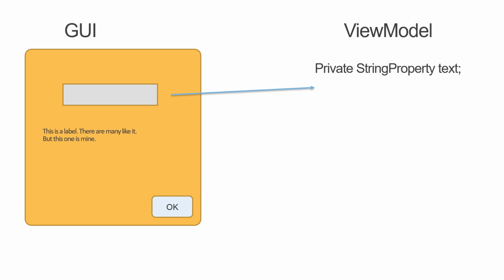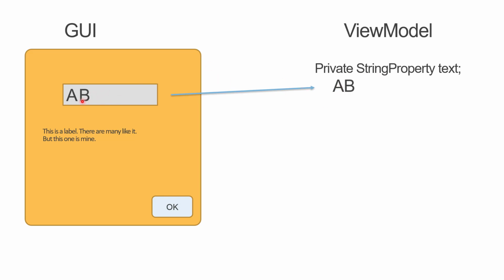So for example, you can bind a string property. If I have a text field, then the data in a text field is a string, and so there is a string property for that data, and I can bind that string property to a string property in my view model. And remember that the binding makes it auto update. So if I were to type in something in my text field in my GUI, then my field variable of type string property in my view model would also automatically get an A. So these two are the same here.